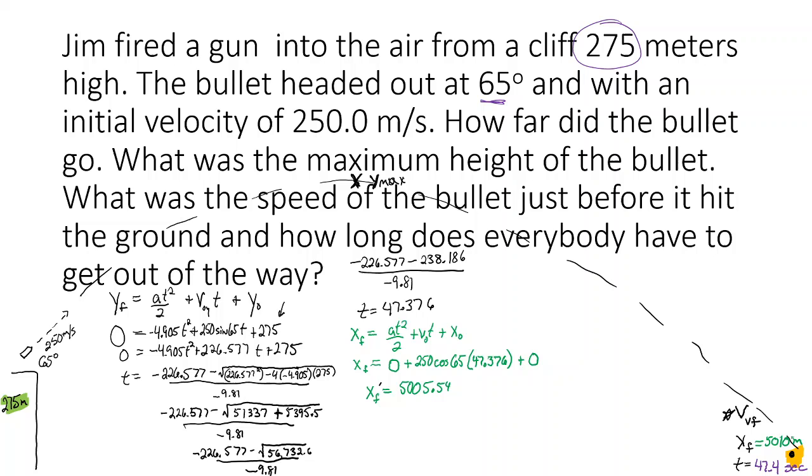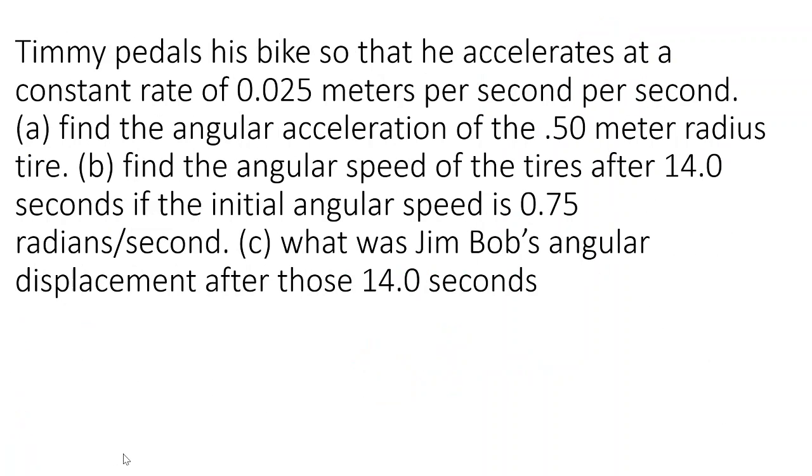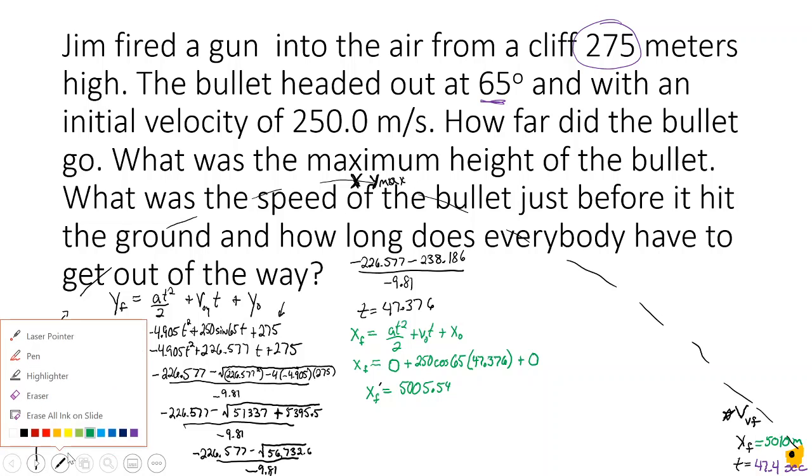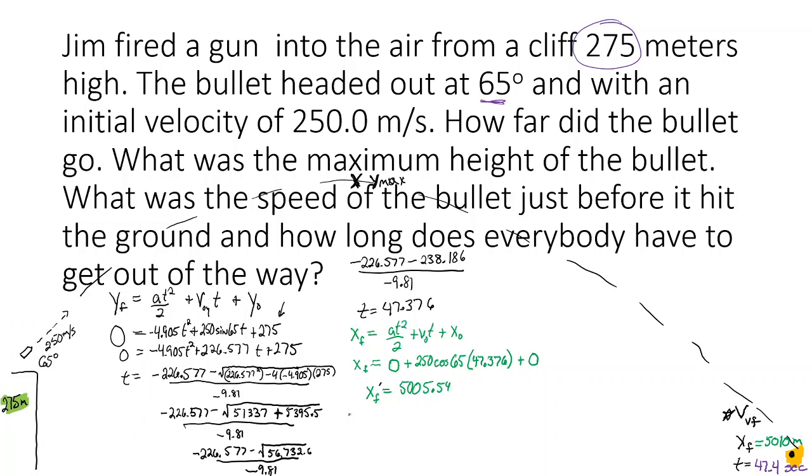Okay, next question that I'd like to tackle is find the final speed. Now, I'm only going to worry about vertical speed here. I'm not going to pay any attention to the horizontal speed. So I'll use the motion equation. Velocity final in the vertical direction equals velocity initial plus acceleration times time.